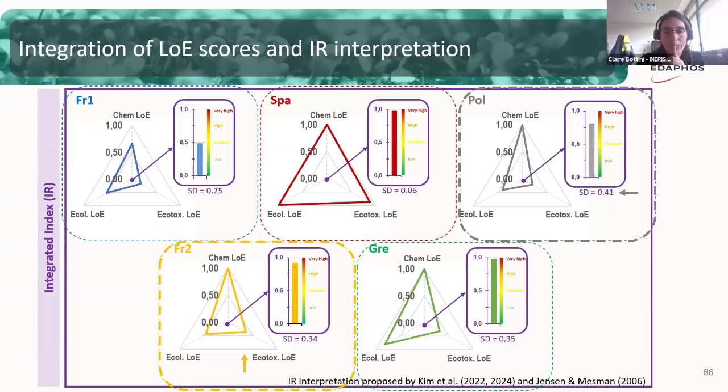Of interest is that the Poland site, for example, in green, if you look at the standard deviation value in purple below, which is 0.41, it's over the threshold proposed by Jensen Messman, where we consider that the uncertainty around those results is too high for us to be certain that our assessment was pertinent or accurate.